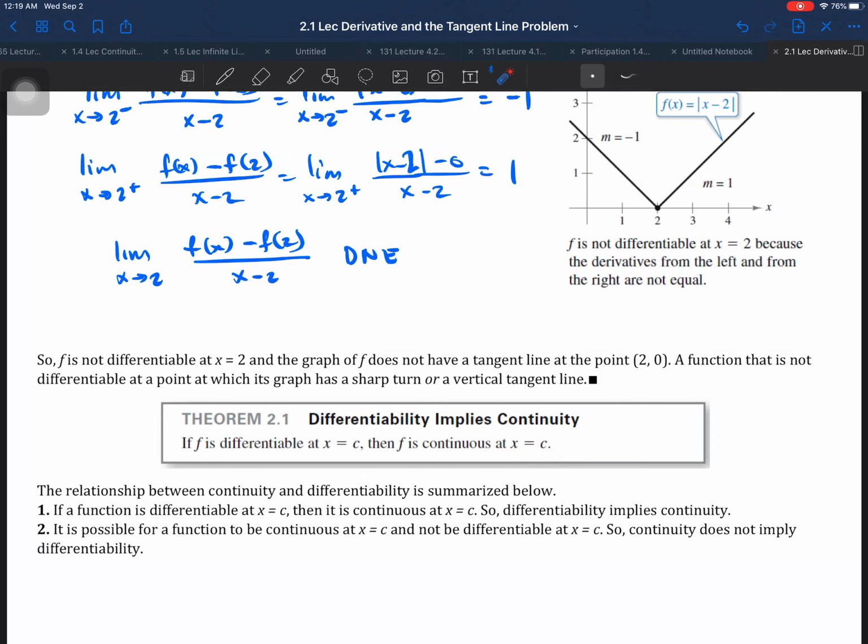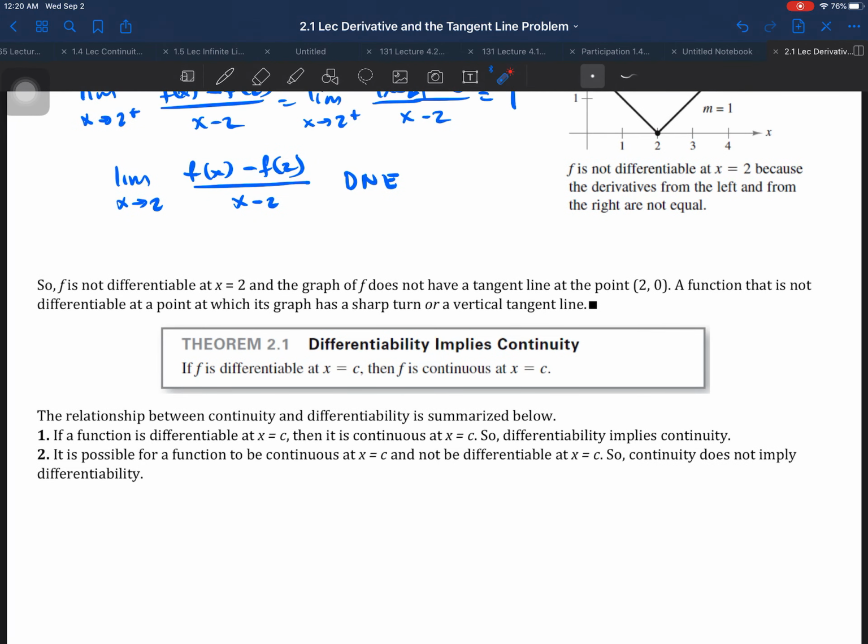Now we have to be careful because the opposite of this is not true. Meaning, if f is continuous at c, it doesn't mean that it is differentiable at c, as we can see in this perfect example. This is continuous at 2, but is not differentiable at 2. So be careful how you use this theorem. I sort of implied that in these two notes.